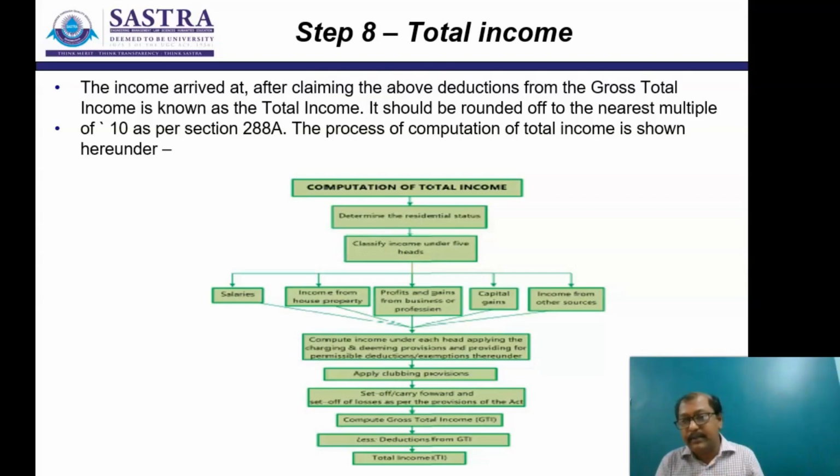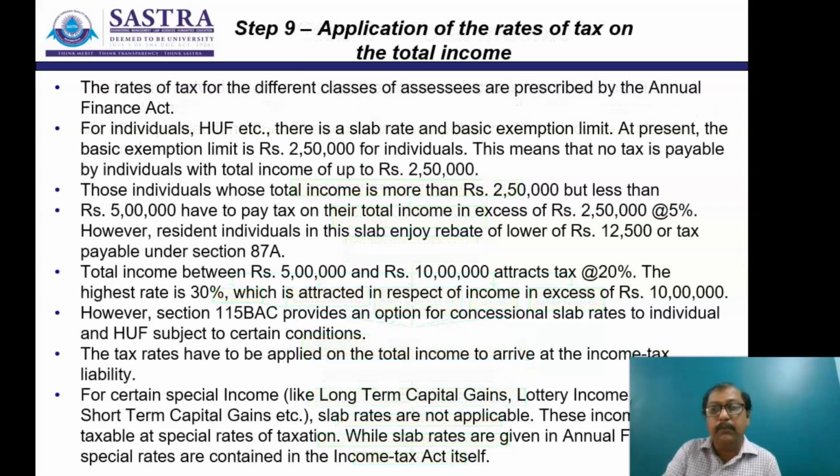So comprehensively, this particular diagram will give you the steps involved in arriving at the total income, whatever steps I was telling you till now, pictorially given, and you are going to arrive at the total income.